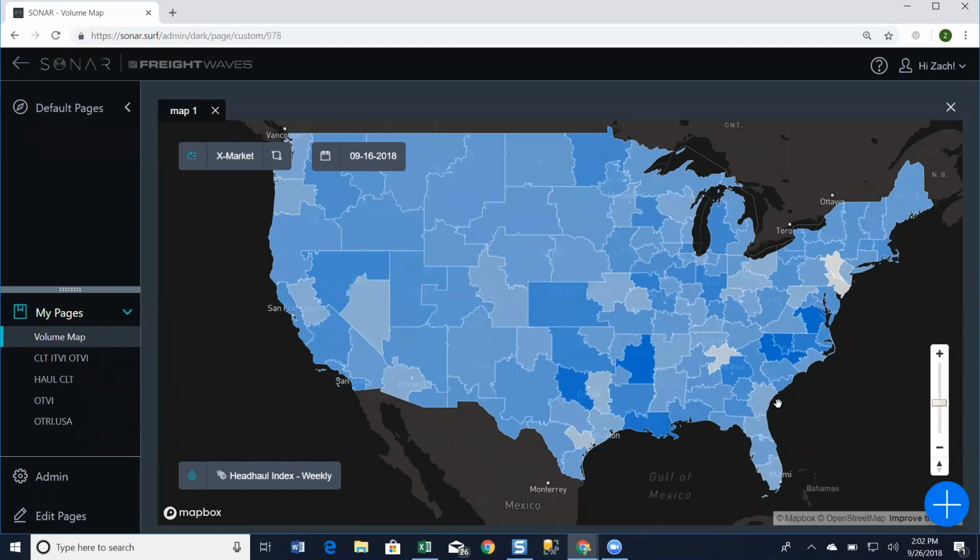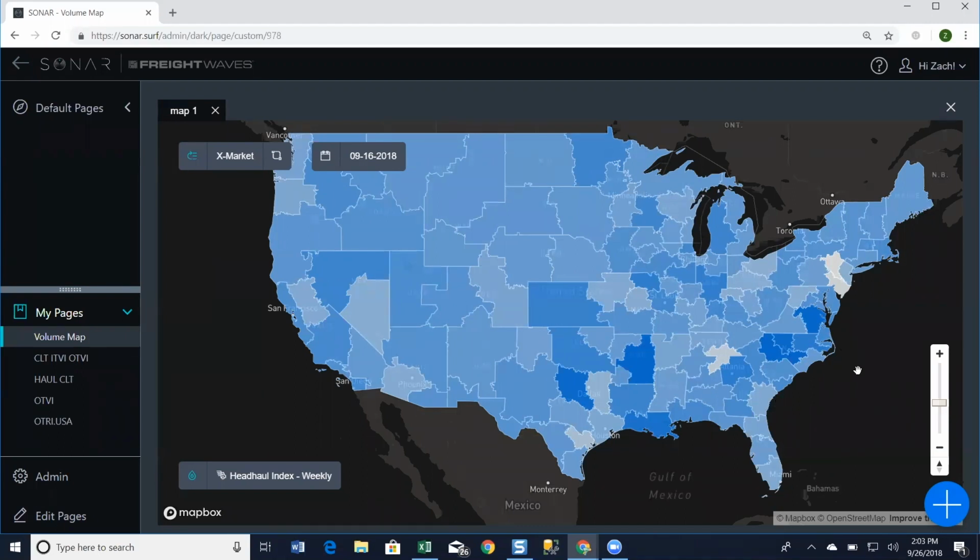Or if you have a decrease in inbound volume and outbound volume stays the same, you will also get an increase in the haul index value. What this means is essentially if you have a really high haul volume, or it gets higher over time, you're exposed to capacity being less in that particular market or area.